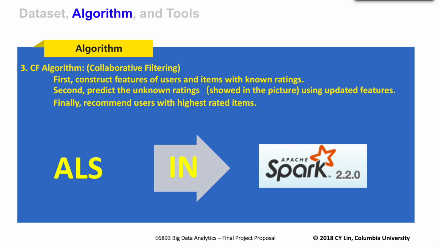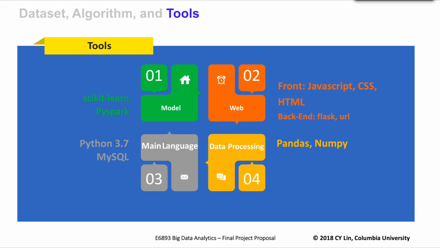Here we use ALS in PySpark to do the collaborative filtering algorithm. Here are tools we have used. First, we use scikit-learn to do PCA and turn it into RGB, and we use the package in PySpark to do collaborative filtering.